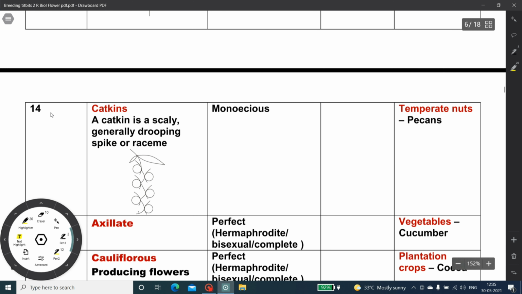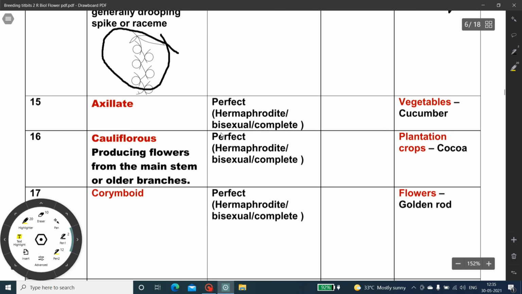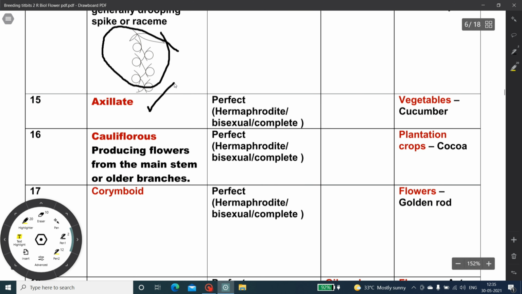And the 14th one is catkin. A catkin is a scaly, generally drooping spike or raceme. This is drooping, and these flowers are monoecious, with temperate nuts like pecans. And the 15th one is axillate inflorescence.